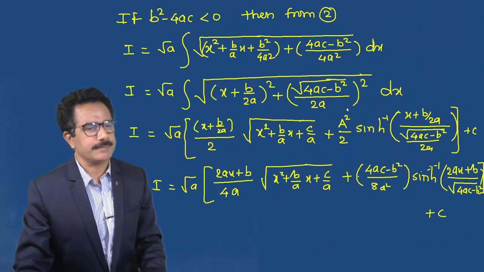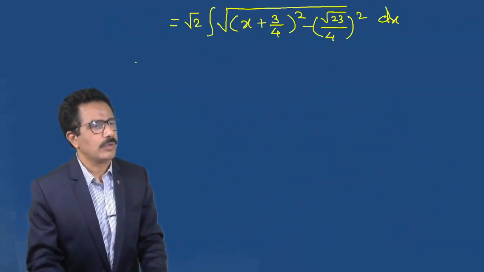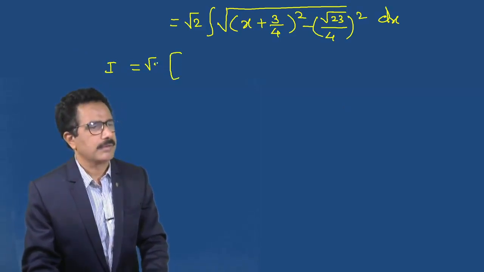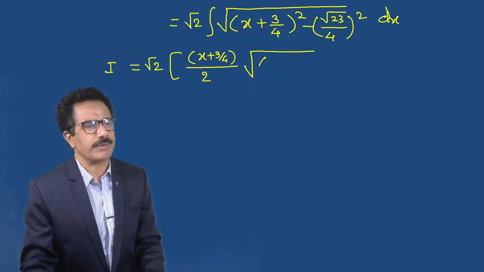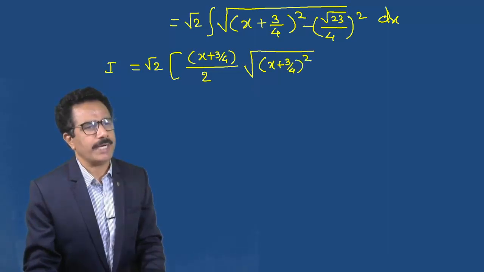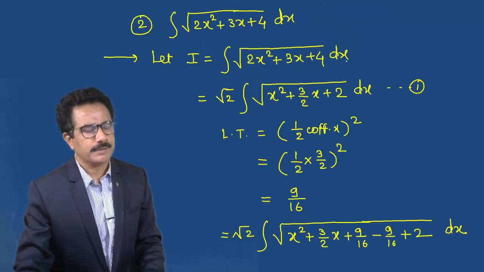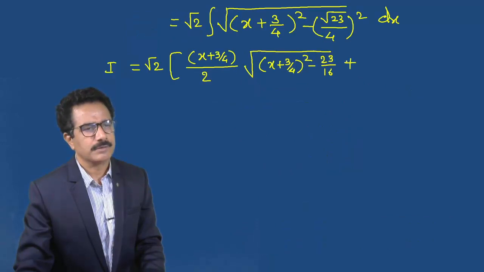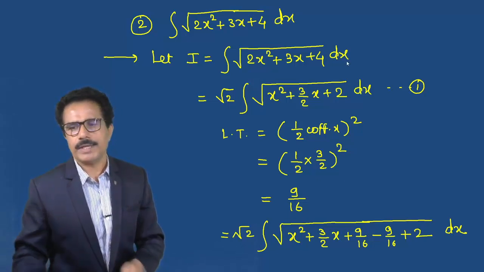So we can write this as root 2 into x by 2 into root x square minus a square, (x plus 3 by 4) bracket square minus a square means 23 by 16, plus, what can we write.